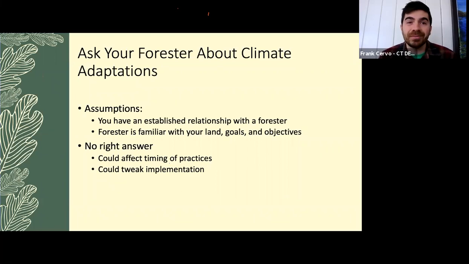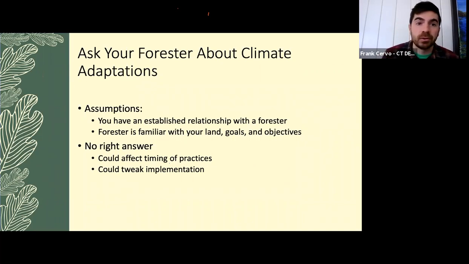You say, well, I understand that my property is going to be a little bit vulnerable to the negative impacts of climate change if we do this, but this action is really important to me and I still want to do it.